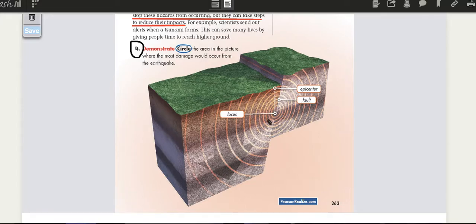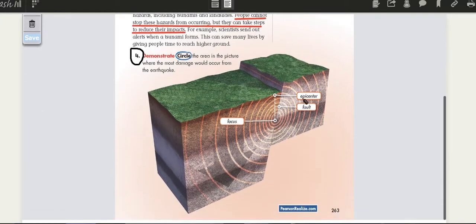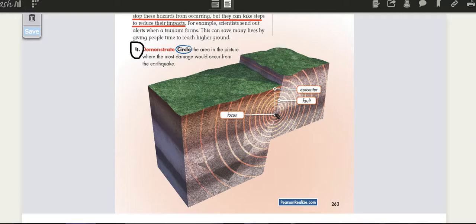The place where this breakage occurs, where the earthquake begins, is called the focus. So this is the focus. It's the center where the earthquake starts and increases. So the place where the earthquake starts is called the focus, which is very important.